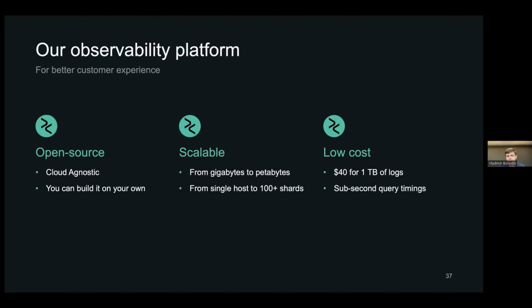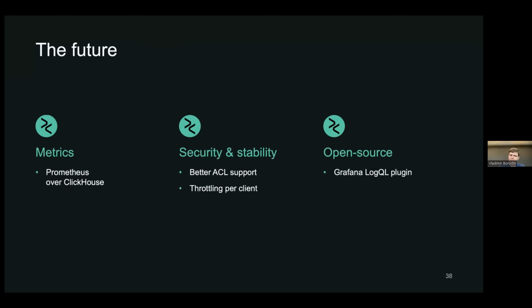And when you query your logs or traces, you get sub-second latencies. And as I mentioned at the beginning of the presentation, we do all that to have good observability of our whole platform, to provide a better experience for our customers.